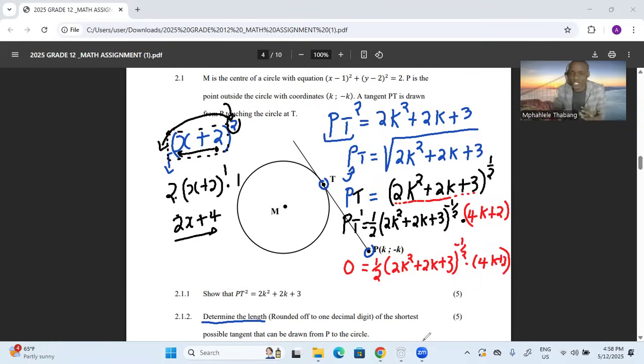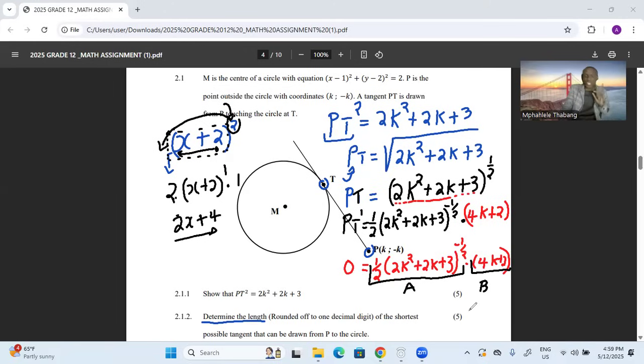Now I have got two guys here. I'm going to call this whole guy here A, and I'm going to call this guy here B, which is 4k plus 2.